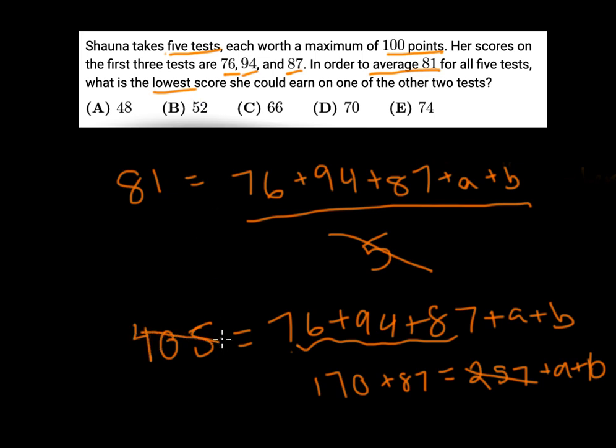So subtract 257 from 405. Let's work this out. 405 minus 257 is 148. So 148 is equal to A plus B.